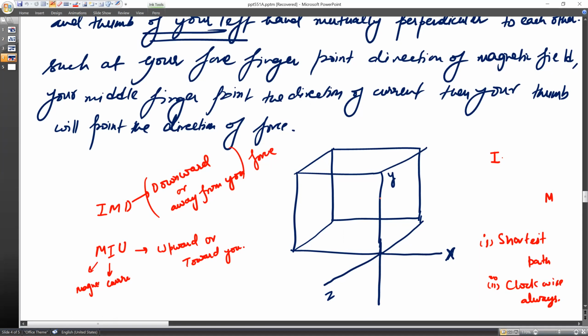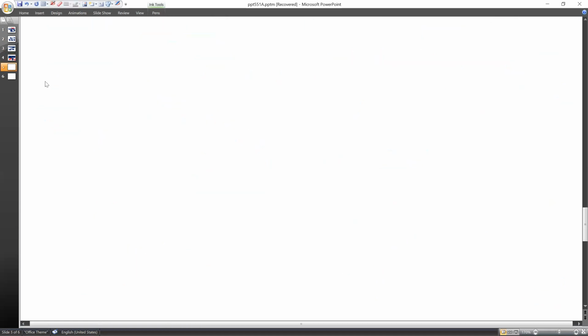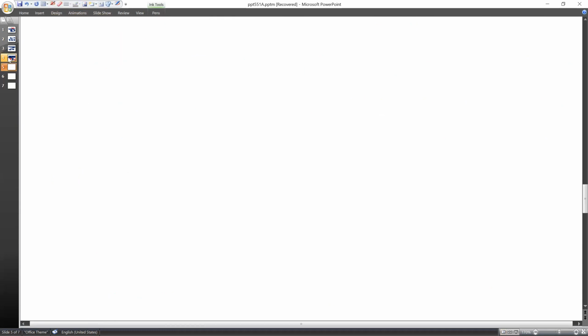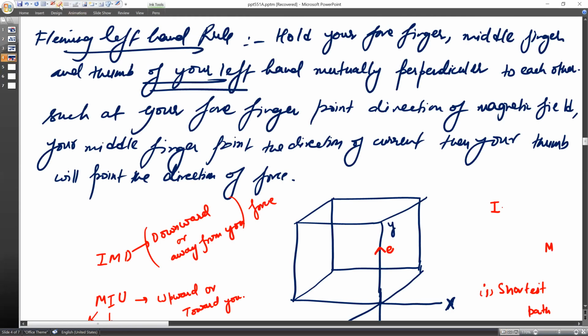The question is, an electron is projected upward. This is the direction of the electron. And you need to note one thing: whenever we are talking about east, west, north, south, it will always be in the plane of paper, not upward and downward to the earth. You have to keep this in your mind.